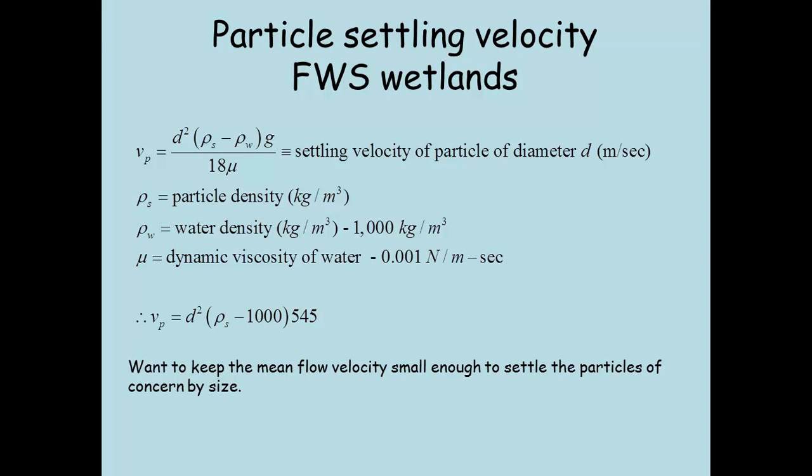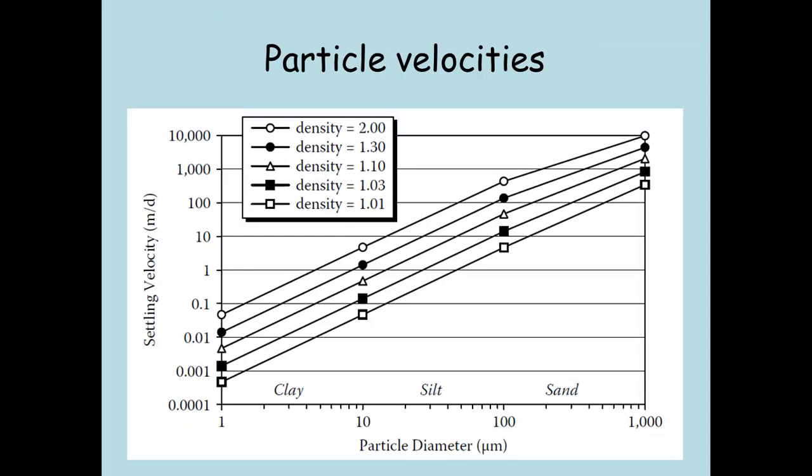Here the particle settling velocity is used to determine which particle size will actually settle out within the time that the water is flowing through the wetland. But this is not something that is being used directly in the design. It's some background or fundamental information for understanding more about particle settling in a wetland.